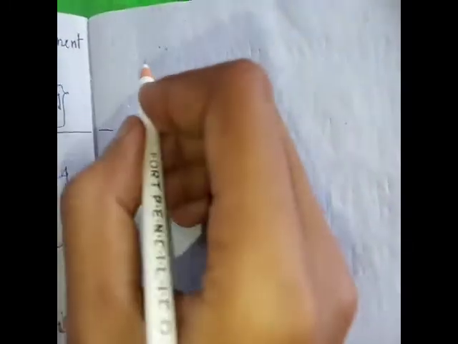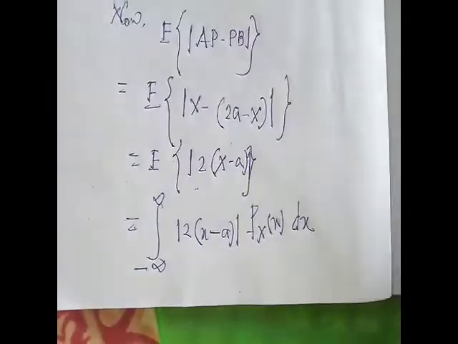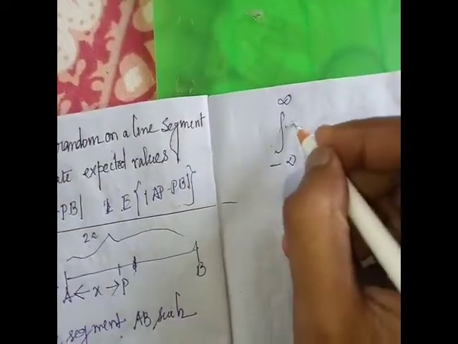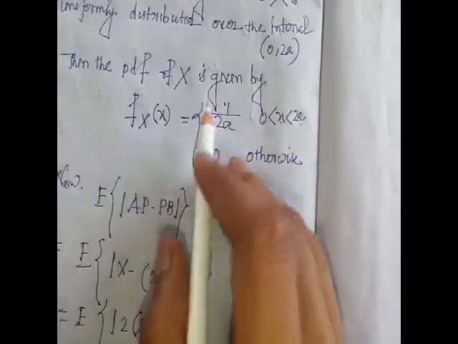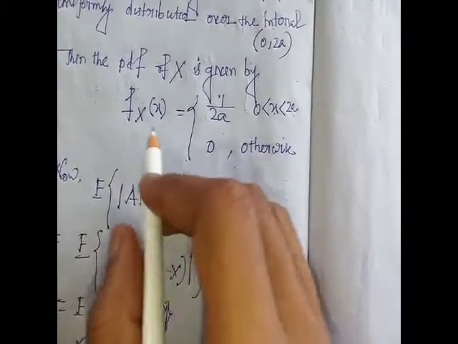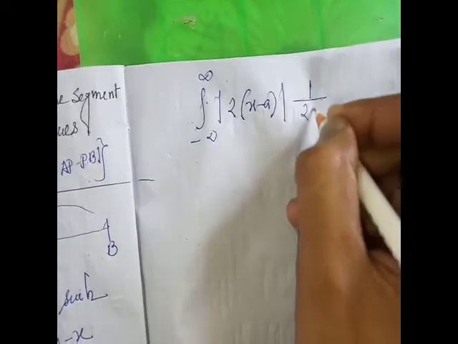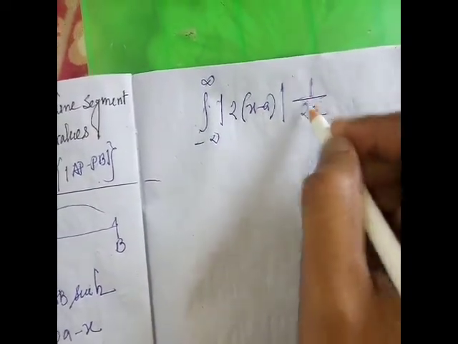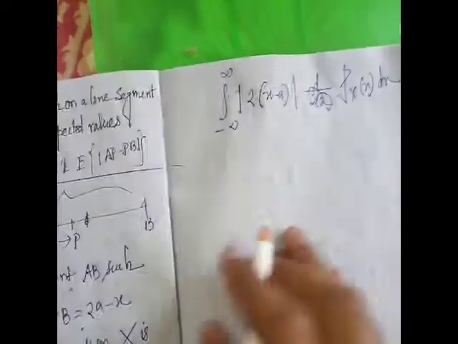So minus infinity to infinity of mod of 2(x minus a) into 1 by 2a dx.